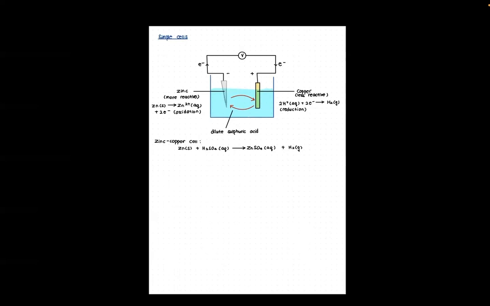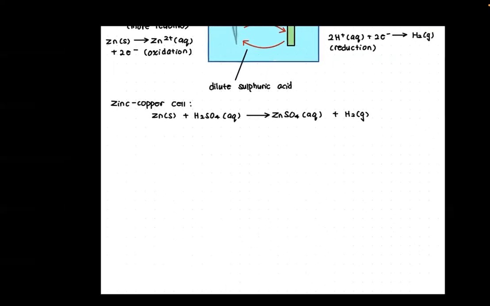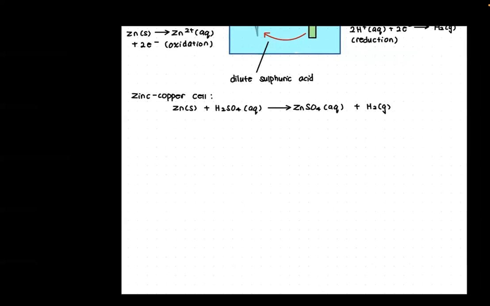Then sometimes they'll ask you for the ionic equation. So this is the chemical reaction. But if you want the ionic equation, we need to separate all your aqueous species.